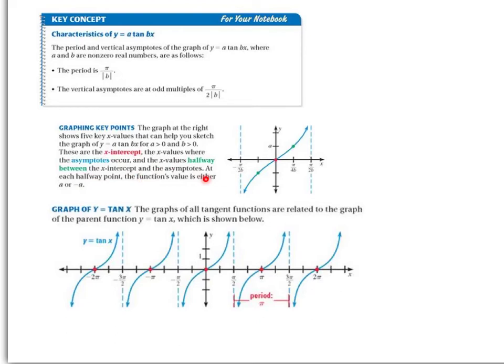Okay? The function value is either a or negative a. So here's the graph of tangent of x. See how it just, and then starts repeating again? Okay? So let's try to graph one of these.